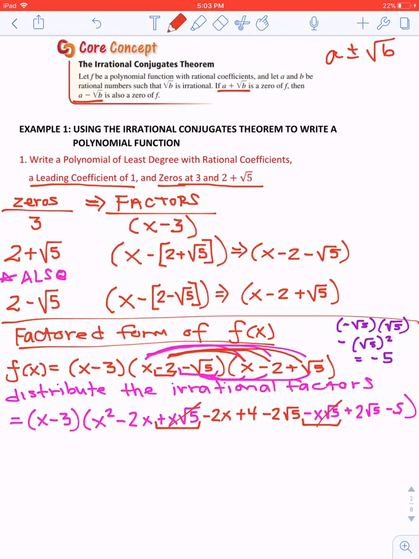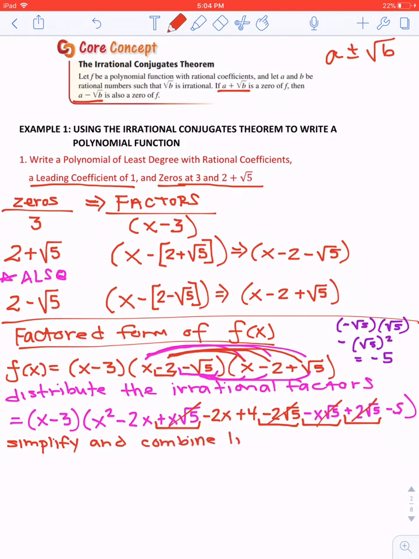Those zero each other out. I have a negative 2 root 5 and a positive 2 root 5. Those also zero each other out. So I'm going to simplify, and now I just need to combine like terms.